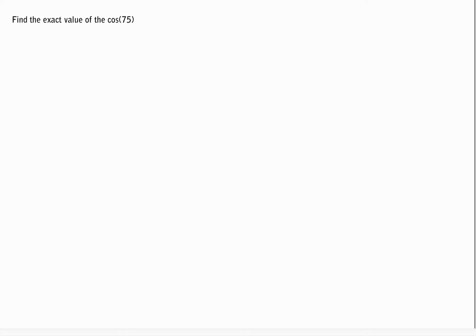So, where do we use these lovely things? They help us find the exact values of numbers that aren't on the unit circle, but can be made from numbers on the unit circle. For example, the cosine of 75. We don't know that because if we go back to our unit circle and we do our branches, we know that we have 30, 45, and 60.